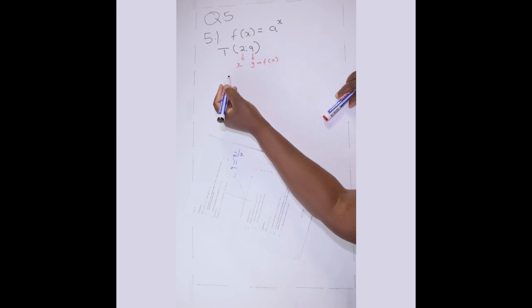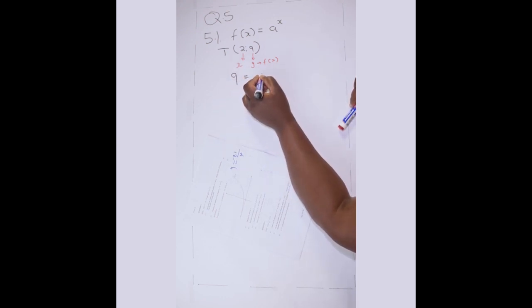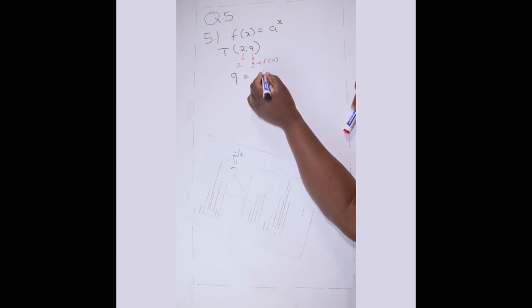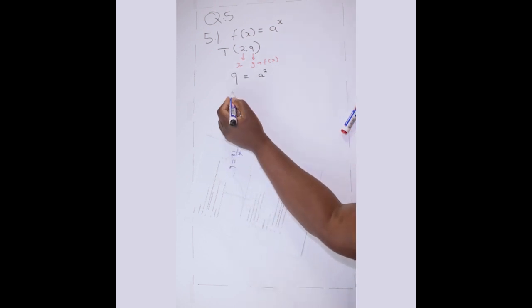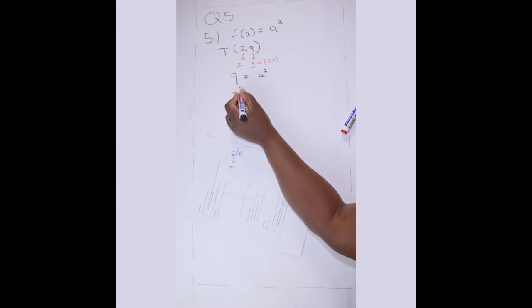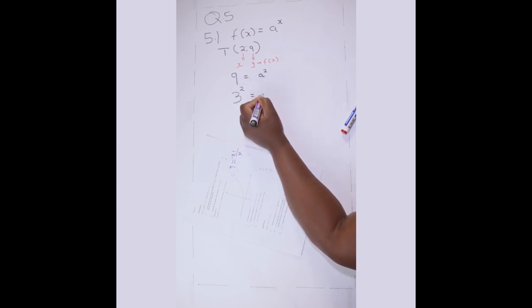So let's do that. f of x is 9, so 9 equals a to the exponent 2, since our x is 2. For us to get it correct, we have to change 9 to have the power of 2. In exponent rules from lower grades, we know that 9 can also be written as 3 to the exponent 2, which equals a to the exponent 2.